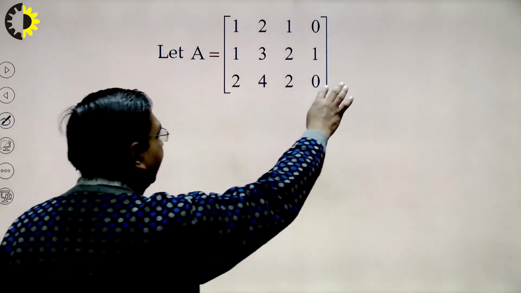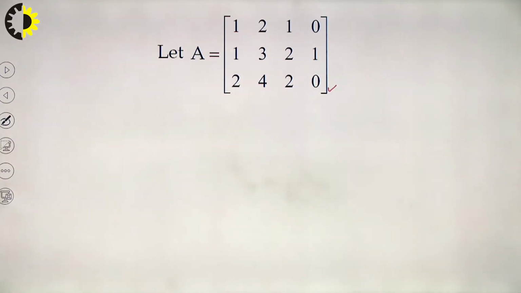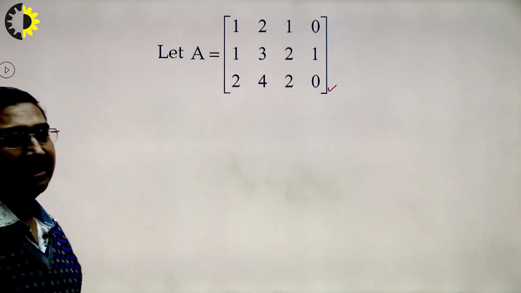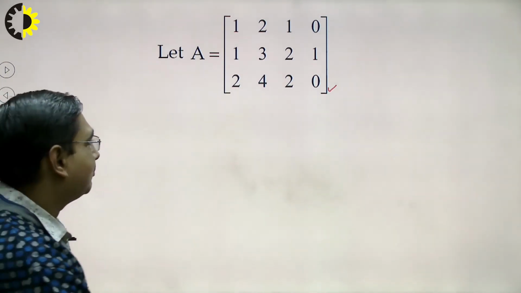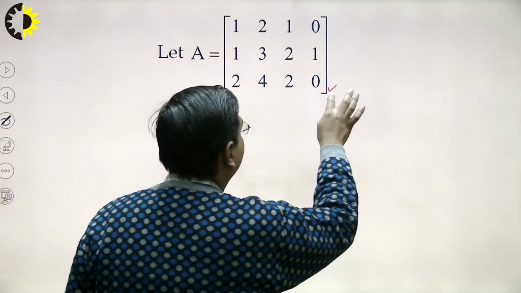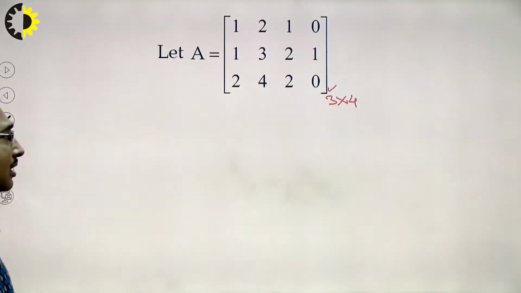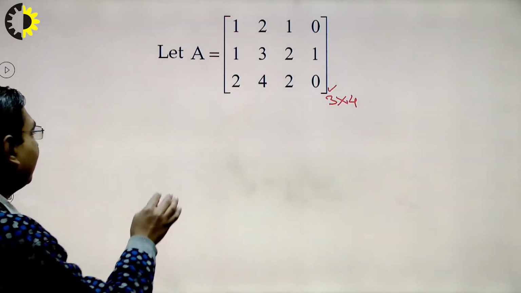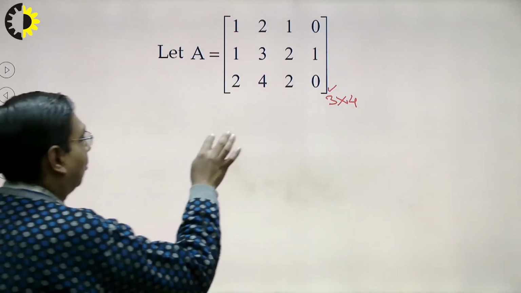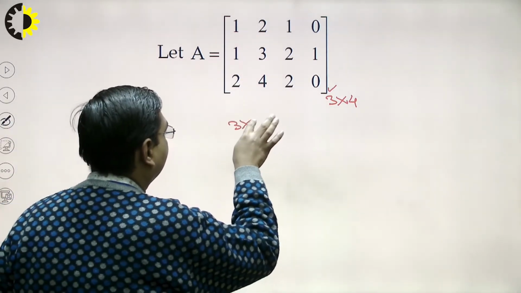Suppose I have this matrix and I want to determine its rank. For this, I observe that this matrix is a 3 by 4 matrix. This matrix will have many minors of order 3 by 3.